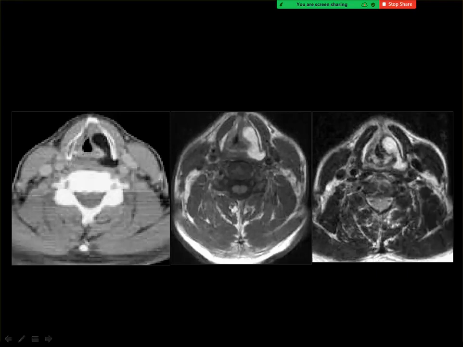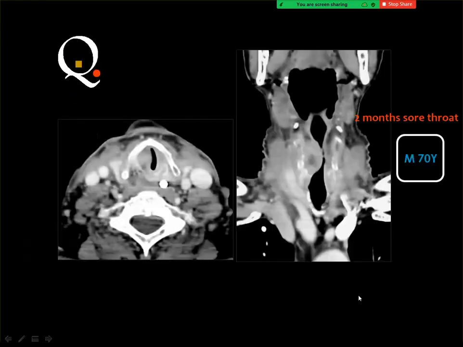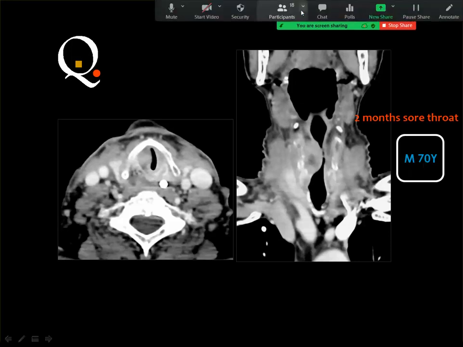Yes, this is lipoma. And lipoma is black in the CT scan, bright in the T1 and less bright in the T2 weighted image. This is laryngeal lipoma. This is a male patient, 70 years old, with hoarseness or sore throat for 2 months, showing a mass on the right side of the larynx.